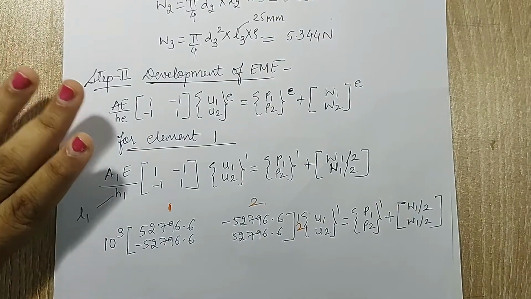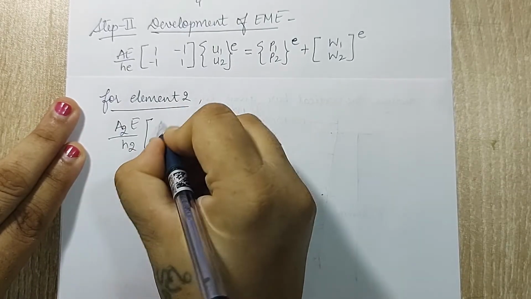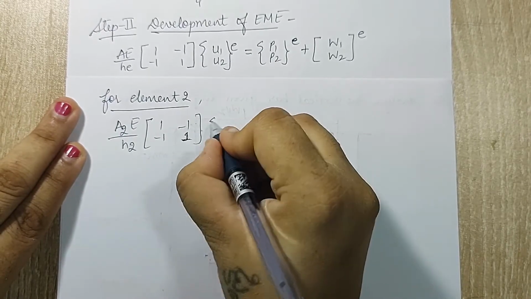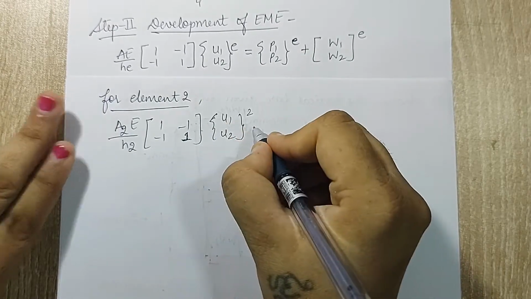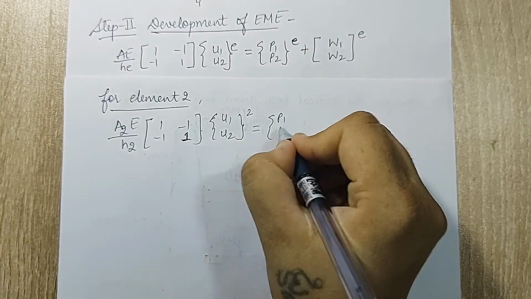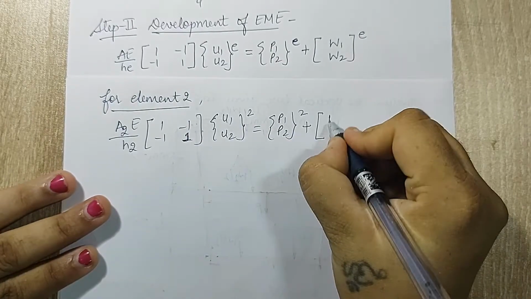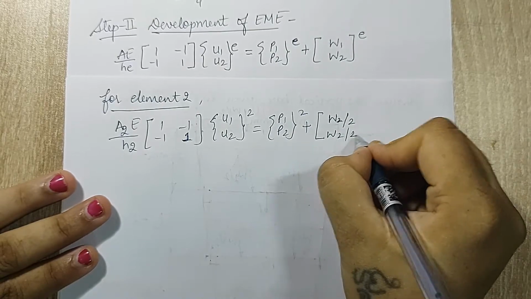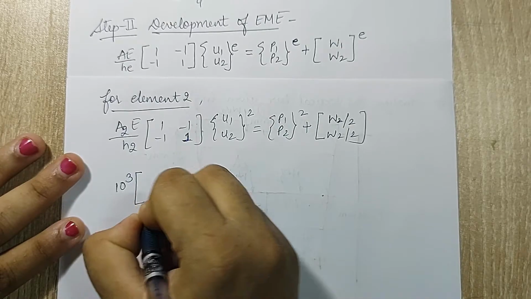Next I'll go for element 2. This will be A2 E upon H2, [1 -1; -1 1], U1 U2 raised to 2 is equal to P1 P2 raised to 2 plus here I'll have W2 by 2 and W2 by 2. When I solve this, I get a 10 raised to 3 common.